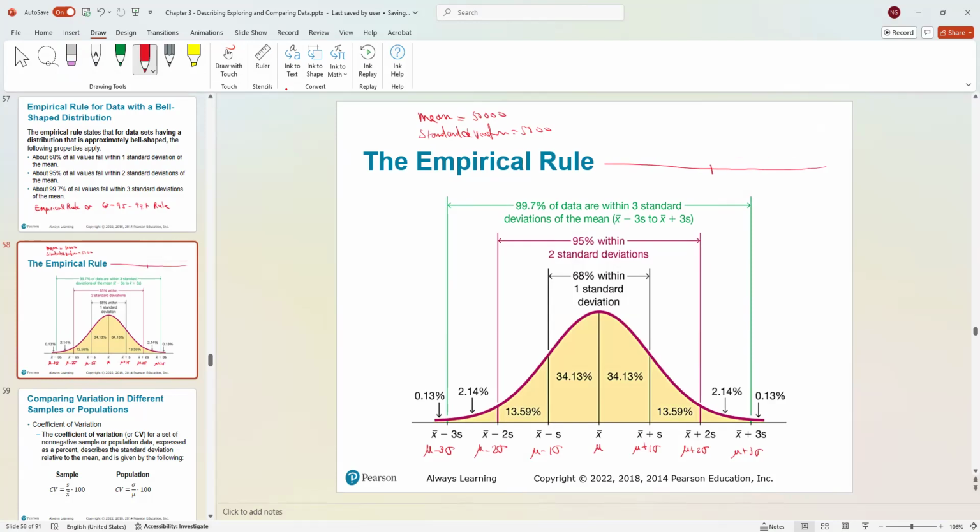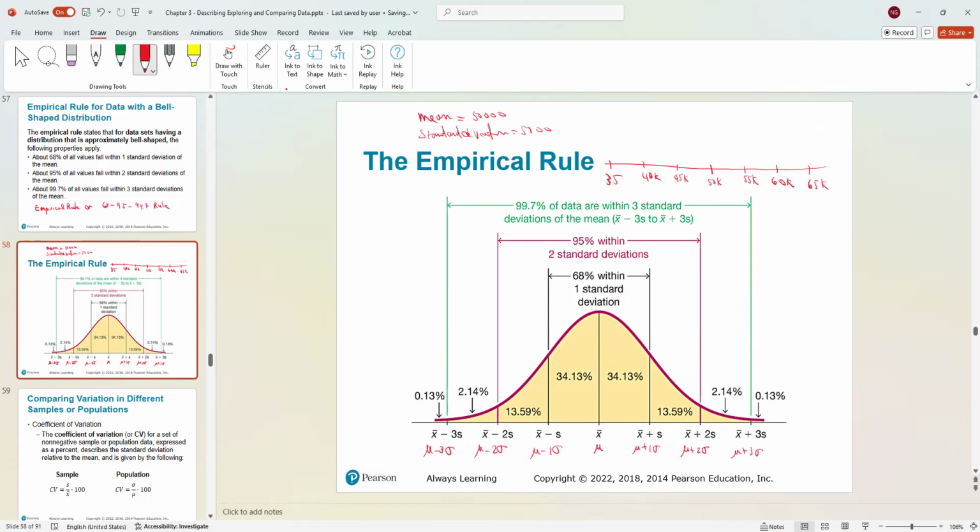If the mean is 50K, one standard deviation would be 55K and 45K. Two standard deviations, you add another standard deviation, that's 50 plus 10, gives you 60K. Minus 10 gives you 40K. Three standard deviations would give 65K, and here would give you 35K.